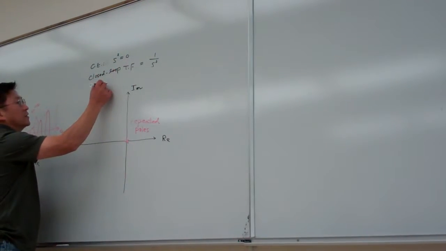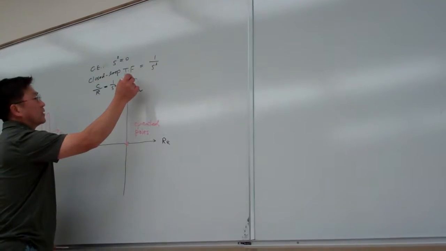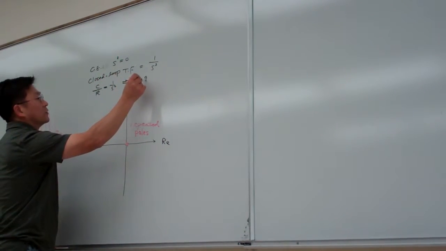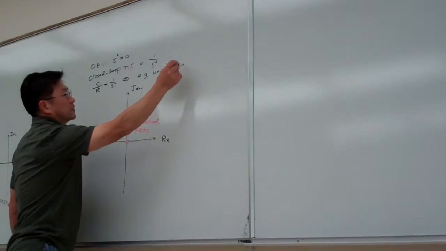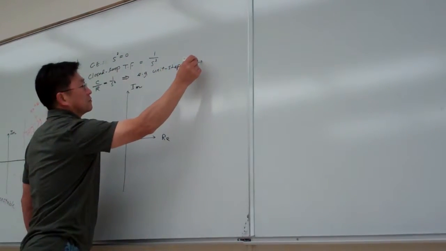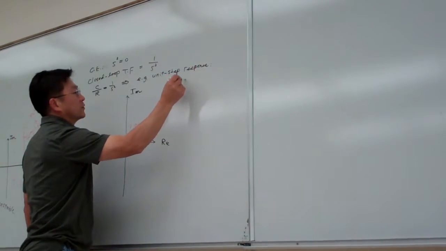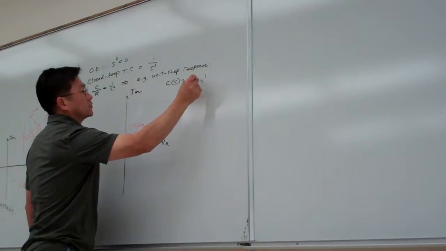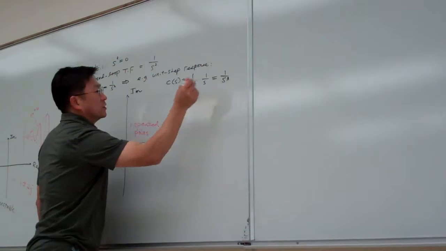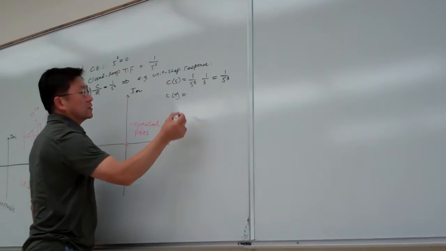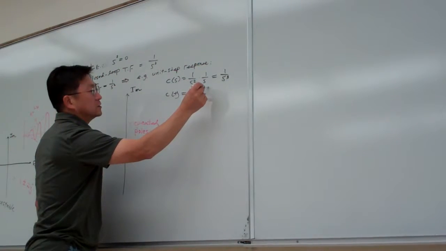If C over R equals 1 over s squared and you want to solve for the unit step response, then C of s will be 1 over s squared times 1 over s, that is 1 over s cubed. Therefore c(t) will be equal to one half t squared.